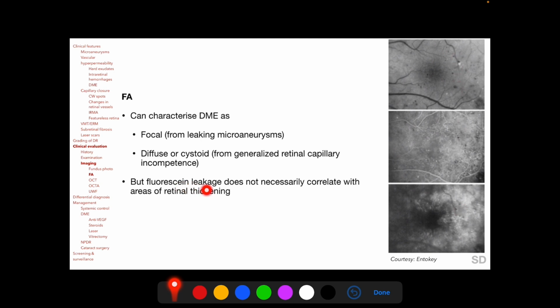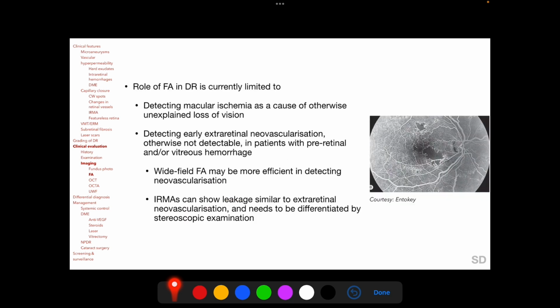But fluorescein leakage does not necessarily correlate with areas of retinal thickening on optical coherence tomography. And after the advent of optical coherence tomography, the role of fluorescein angiography in diabetic retinopathy is currently limited to detecting macular ischemia as a cause of otherwise unexplained loss of vision as seen here in this photograph, and detecting early extraretinal neovascularization which may be missed clinically, particularly in patients with preretinal and/or vitreous hemorrhage.